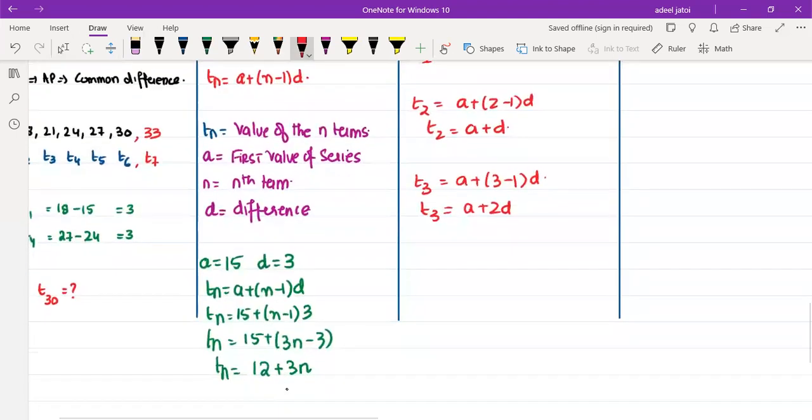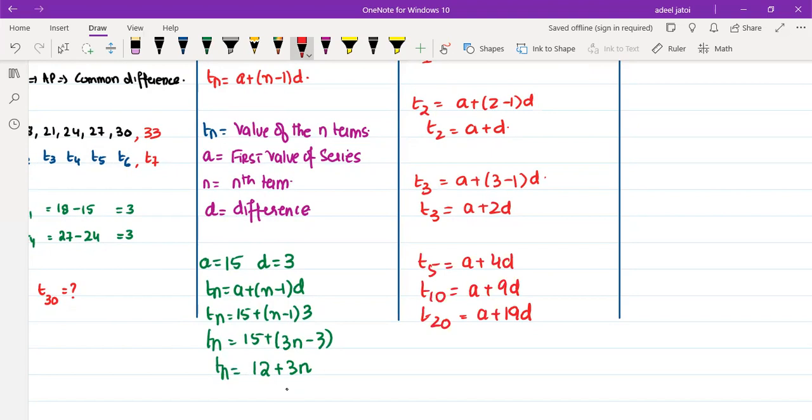If the requirement is term 5, we can always have A plus 4D. If we want term 10, this should be A plus 9D. If we want the 20th term, this would be A plus 19D. So in this way, you need to understand that this is a normal pattern of the formula that is followed with respect to the terms.